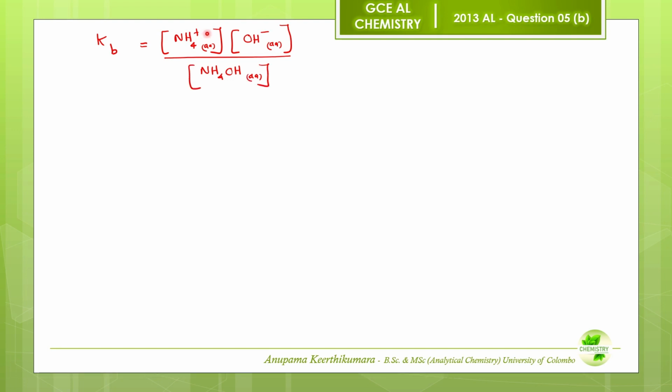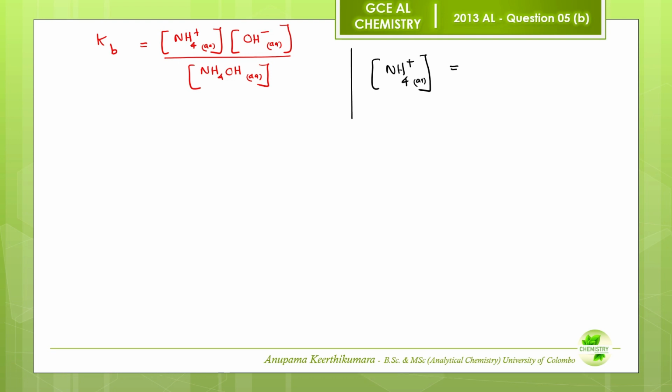In this example, the ammonium ion concentration and OH minus ion concentration are not the same as in previous questions. The reason is that more ammonium ions come to this aqueous solution from the dissociation of this strong electrolyte ammonium chloride. Total ammonium ion concentration is the sum of the concentration of ammonium ions from ammonium chloride and the concentration of ammonium ions from ammonium hydroxide.